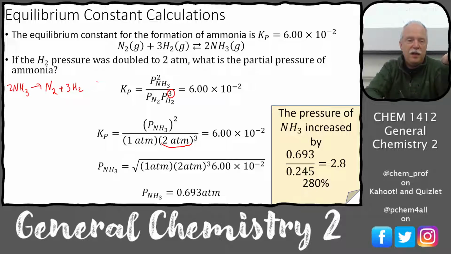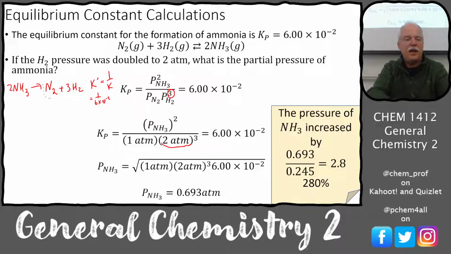That's going to be, I'll call it K prime, equal to 1 over K. So we would just take 1 over this number, and that would be the equilibrium constant for it. So it would equal 1 over 6 times 10 to the minus 2 for that equilibrium.